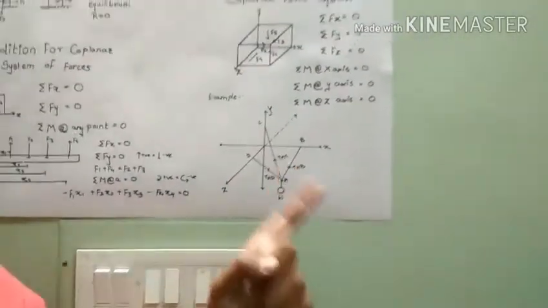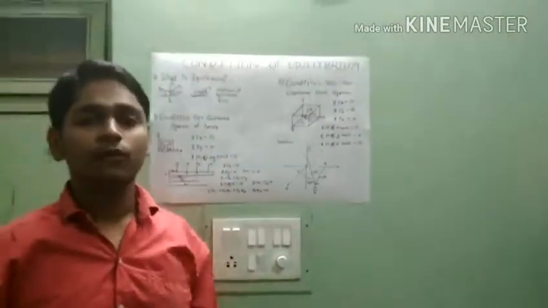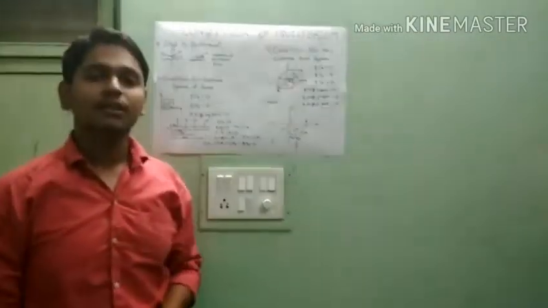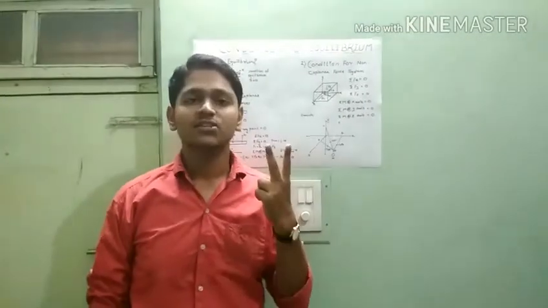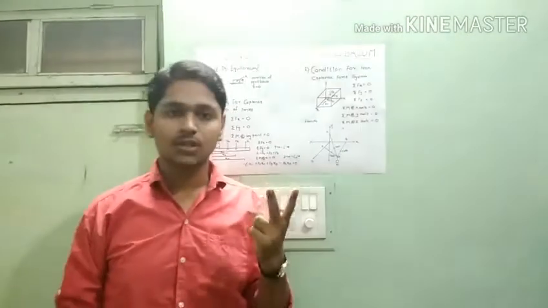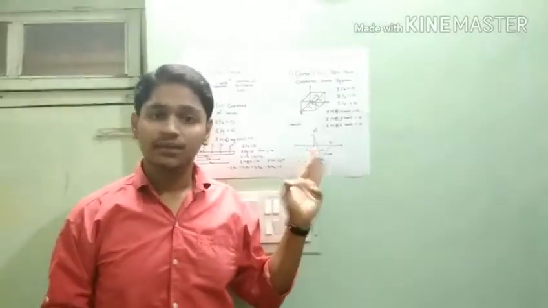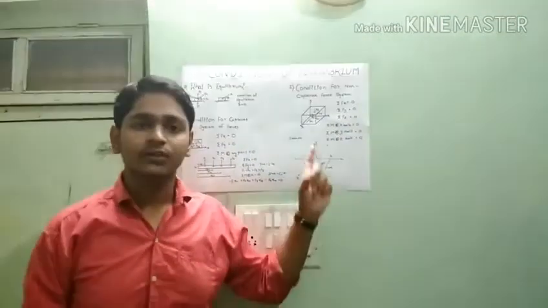I will repeat the conditions of equilibrium for a non-coplanar system of forces. That is, summation of Fx should equal 0, summation of Fy should equal 0, and summation of Fz should equal 0. These are the three conditions related to force, and another three conditions are related to moment.